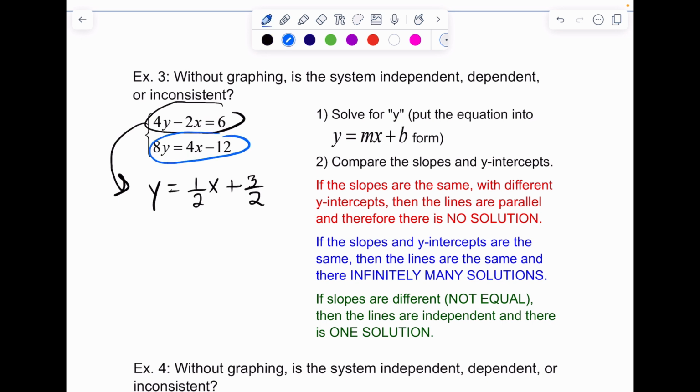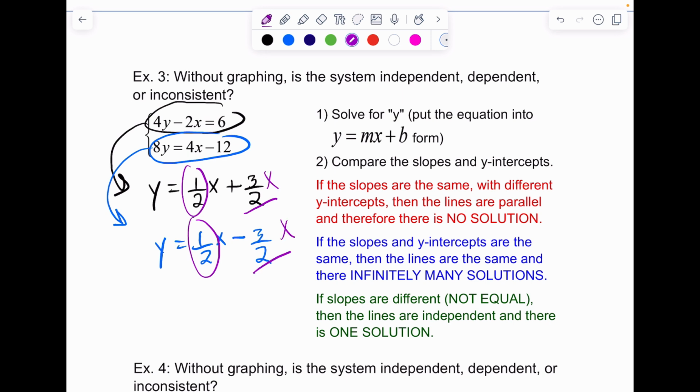Second equation, I'm going to divide everything by 8 here. So y is going to equal 1/2 x minus 3/2. Well, in this particular case, if you notice, the slopes are equal, but the y-intercepts are not.